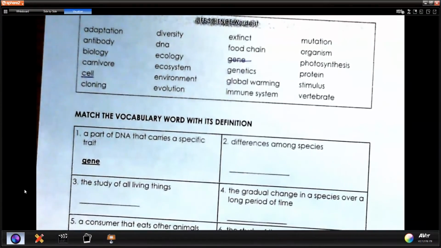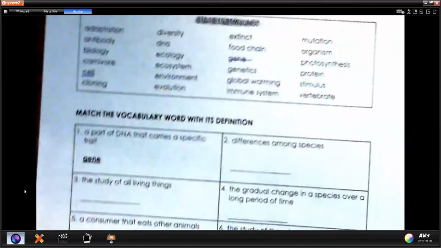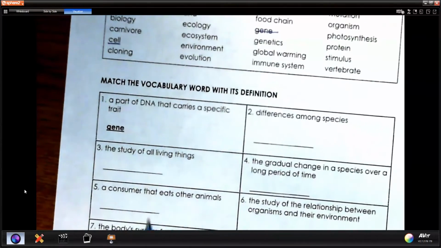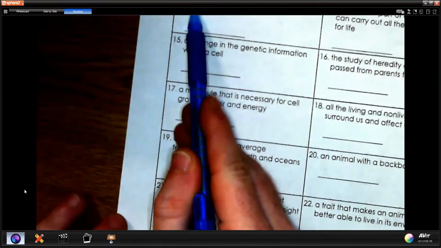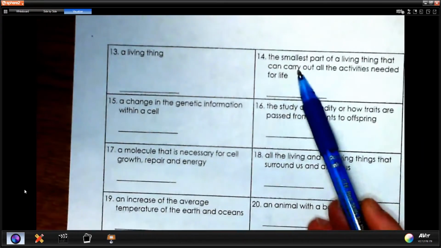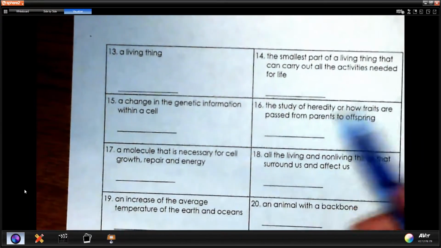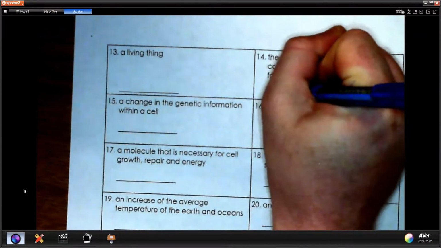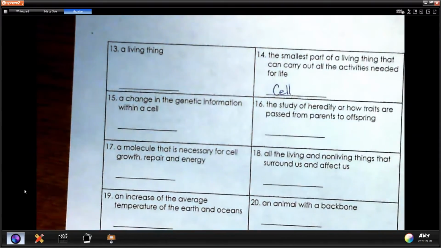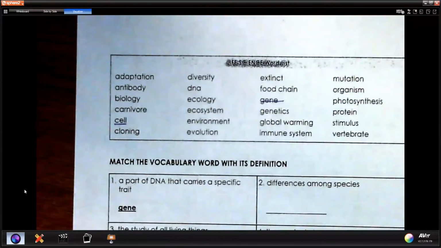The smallest component of living things. So let's look through smallest. Nope. A living thing, that's a little bit too big. The smallest part of a living thing. Oh. So always go with the ones that are easy for you first. Knock those out to make things nice and simple and to save you time.